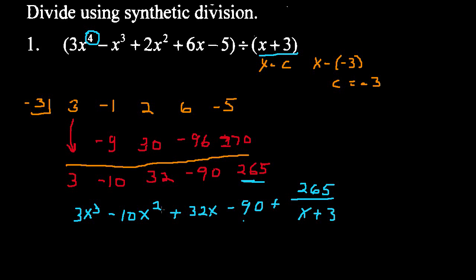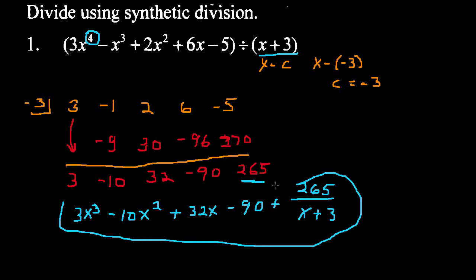So I've got 3x to the third power minus 10x squared plus 32x minus 90 plus 265 over x plus 3. Okay, circle your answer. It's being circled. And that completes the first synthetic division problem. Okay, see you next time.